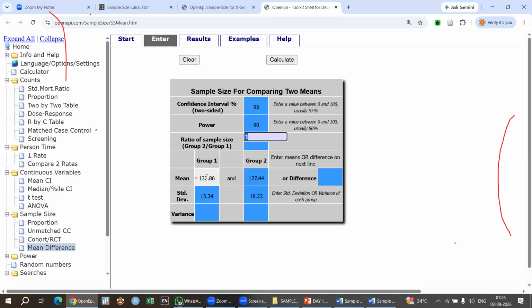Okay. So here mean in group 1, I think it is 2.6, 1.7 SD. Here 5.2 and 2.4. If I remember, just fill these values in this. Okay. Then click calculate.